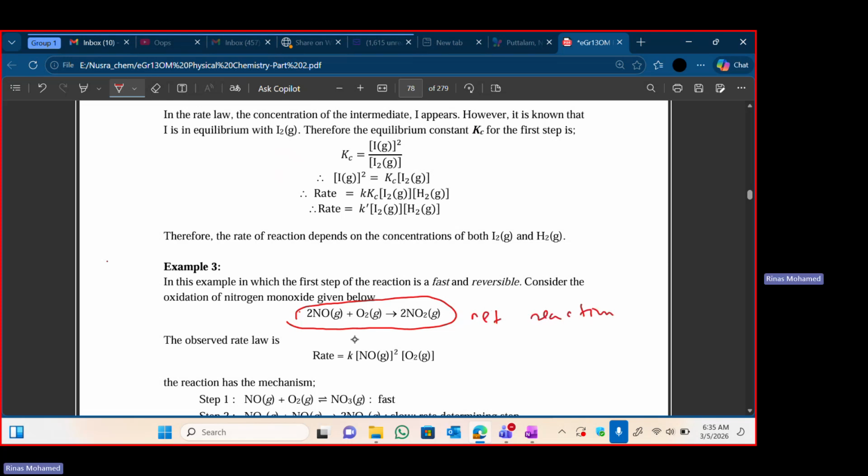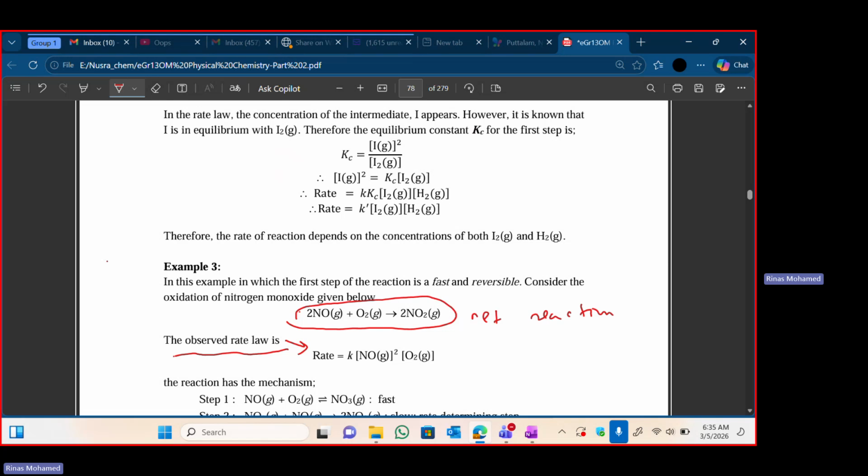But in the question, they are telling that the observed rate law is like this. This is the observed rate law. R equals K into NO, second order with respect to NO gas, and first order with respect to O2 gas. But then how can you say what the reaction mechanism will be?